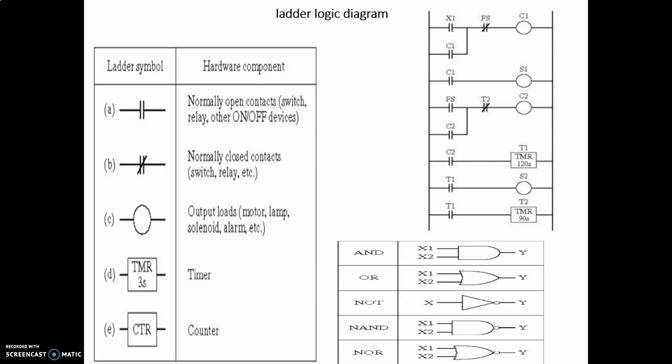It can be a relay coil also. Then we also use timers and counters. Timers are also shown by a symbol where we show the timing part, then the seconds, and we also show the counter. We will discuss timers and counters in the coming slides in detail, right?